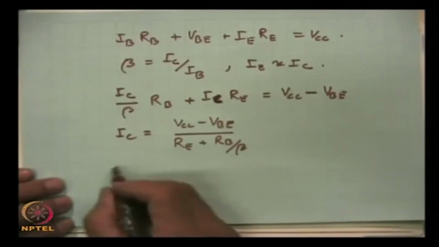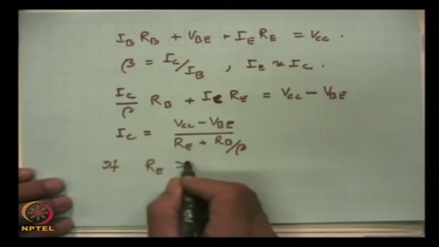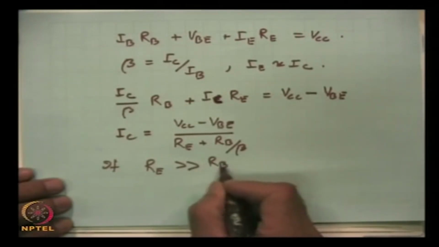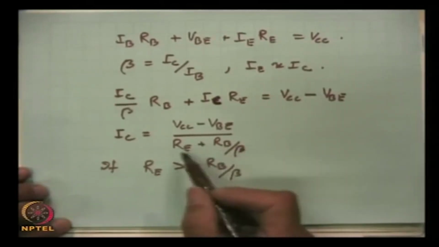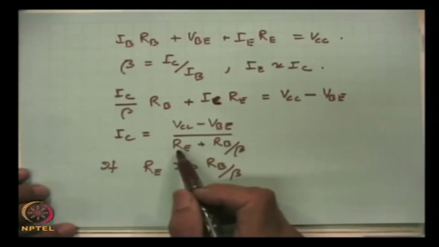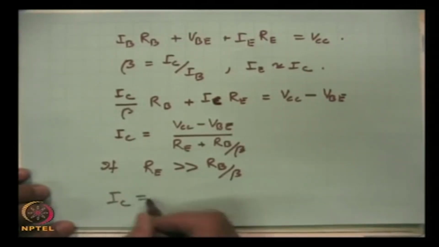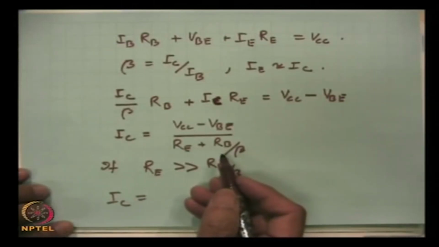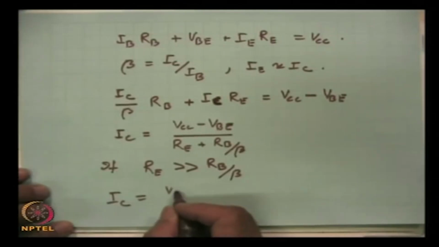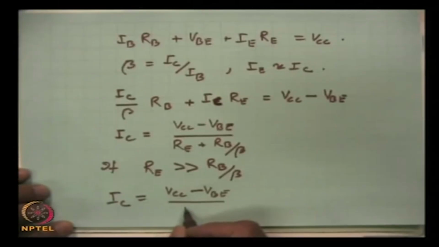Now, if we design a circuit where RE is much greater than RB by beta, then this term becomes of much smaller magnitude as compared to RE. So, our expression for the collector current becomes independent of variations in beta, and this is VCC minus VBE by RE.